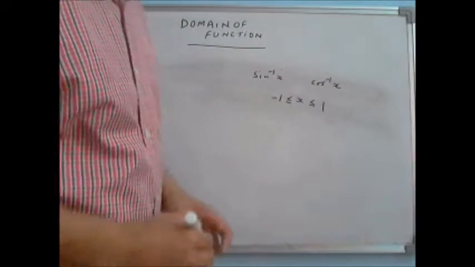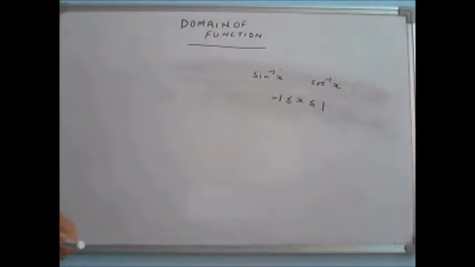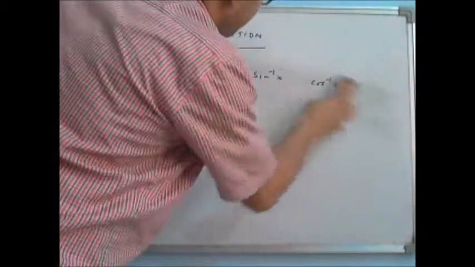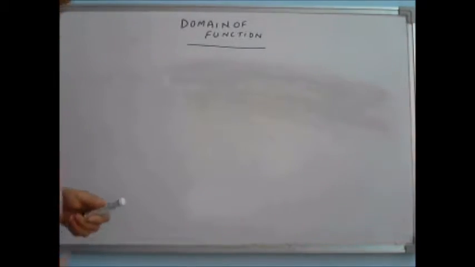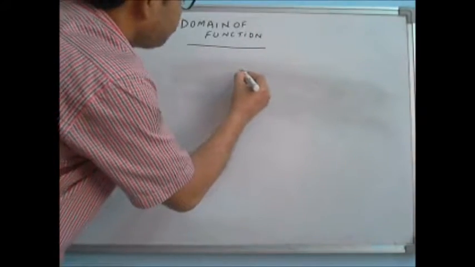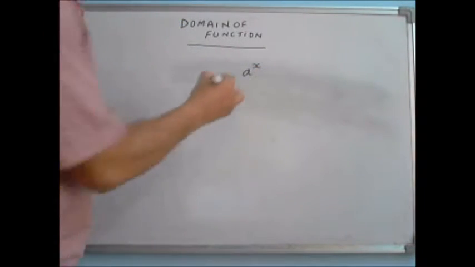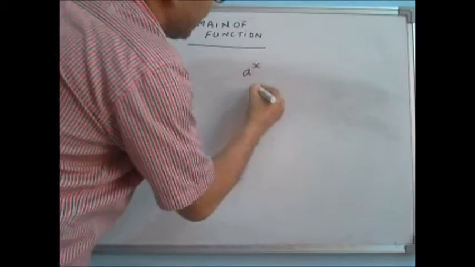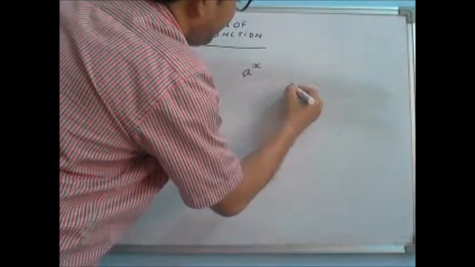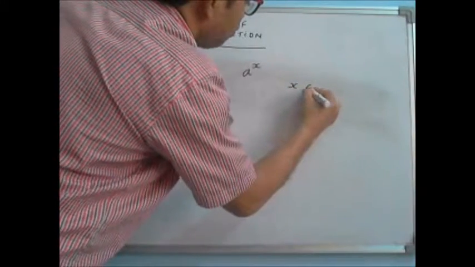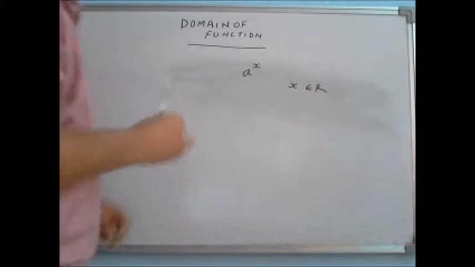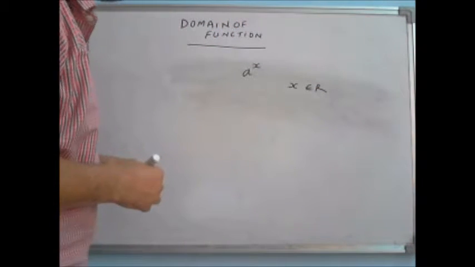Tan inverse x and cot inverse x are defined for all values of x, so their domain is all real values. Now see, a to the power x, constant to the power variable: x can be any real number. x belongs to R, so the domain of this function is all real numbers.